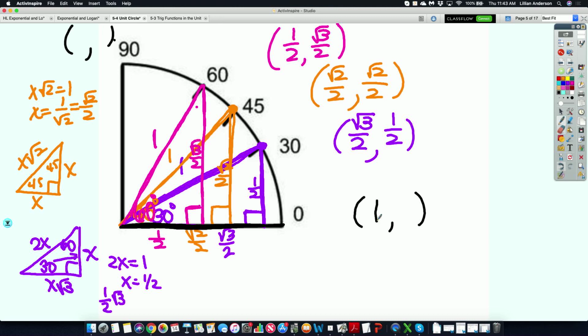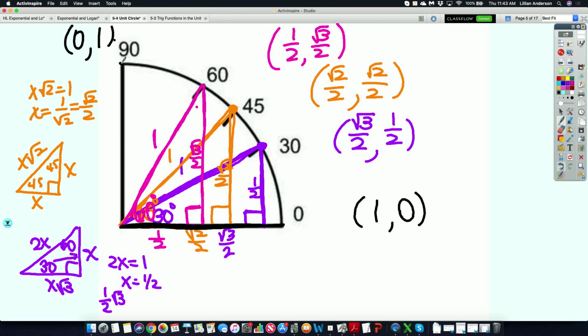It's going to be my x, because my y is what? 0. I don't go up anywhere. I don't have any height to it. So at 0 degrees, my y is 0, my x is 1. And at 90, 0, 1, because I've gone up one whole radius, which is 1, and I haven't gone out any. There are your ordered pairs.